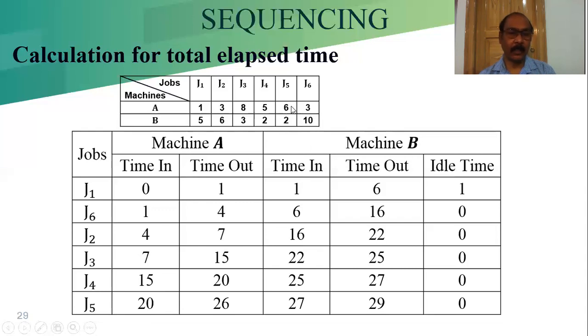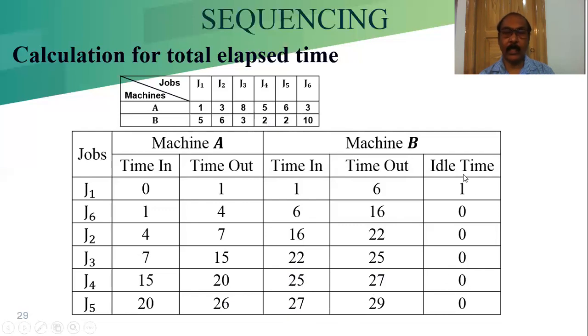So 20 plus 6 is equal to 26, and J5 enters machine B in the 27th hour, after J4's duration on machine B of 2: 25 plus 2 is 27. Between 25 and 25 there is no time elapsed, so no idle time.